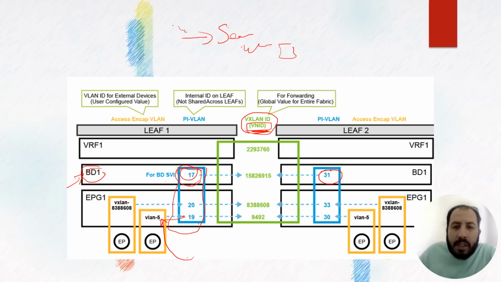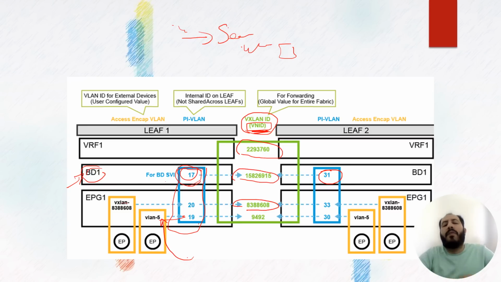For instance, it contains a unique VRF ID, as well as a unique bridge domain ID, EPG, and external VLAN information. So all of this information, when leaving one leaf for another, needs to be written down in the VNID, okay? And of course, you need to have a unified VRF ID as well as a unified bridge domain ID in order to be able to communicate and reach the proper leaf and destination on the remote end.